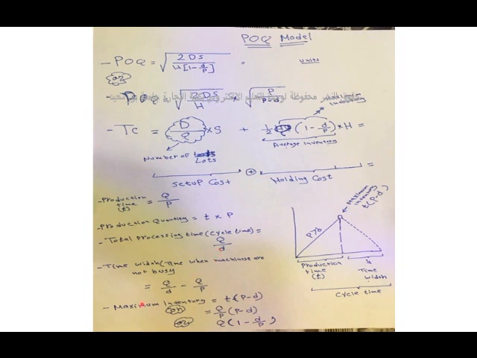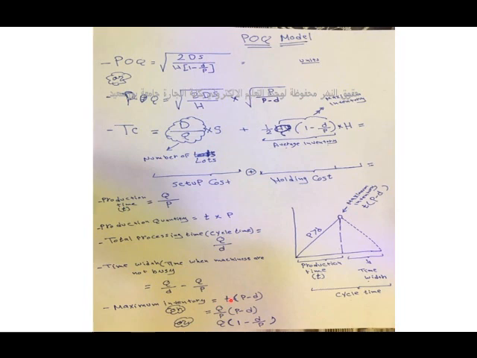What about maximum inventory? Maximum inventory will be T, this period of production, times the production number of units minus the demand or usage.